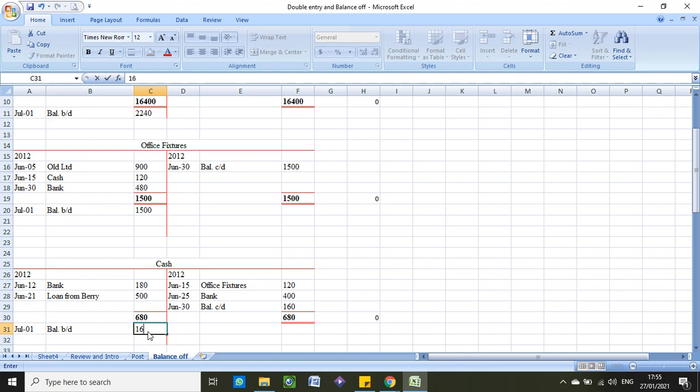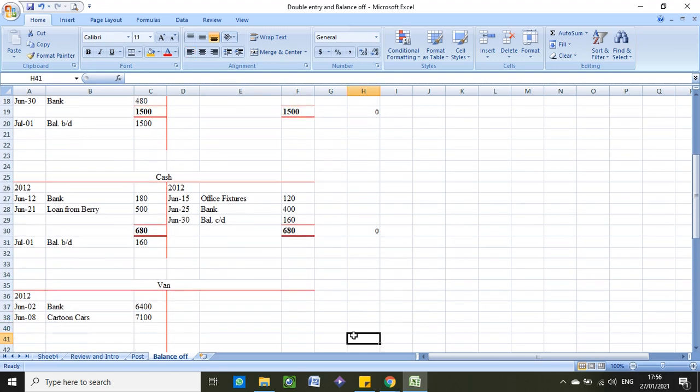The amount is 160. Do not transfer here a different number. Some students transfer the number that was single line and double line. Make sure that you are transferring the carried down here to the opposite side because sometimes it will be on the other side.